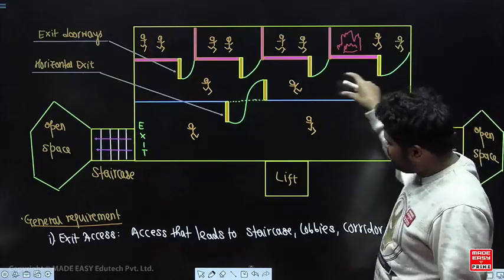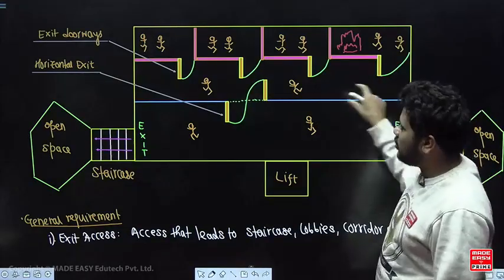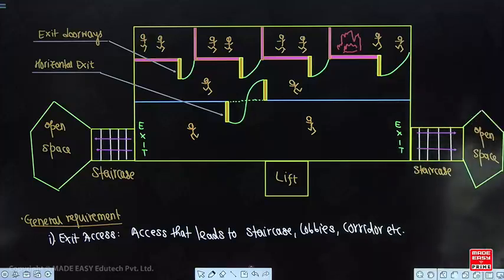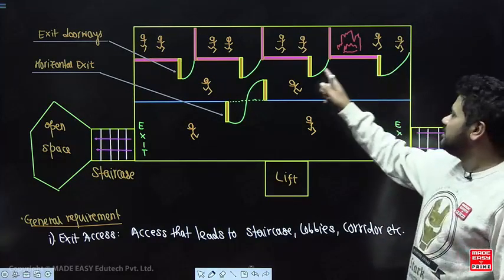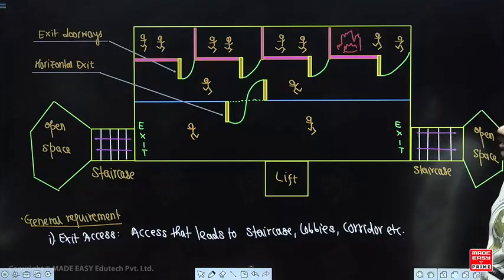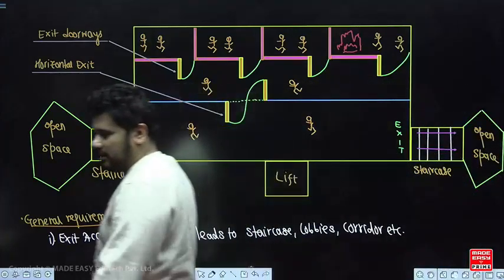This exit is leading to the lobbies or corridor, and so on. Now there are two things that you have to understand in exit access: exit doorways and horizontal exit. Clear?